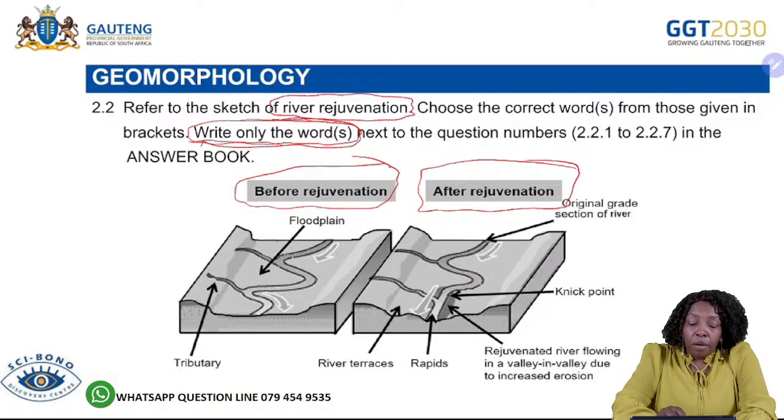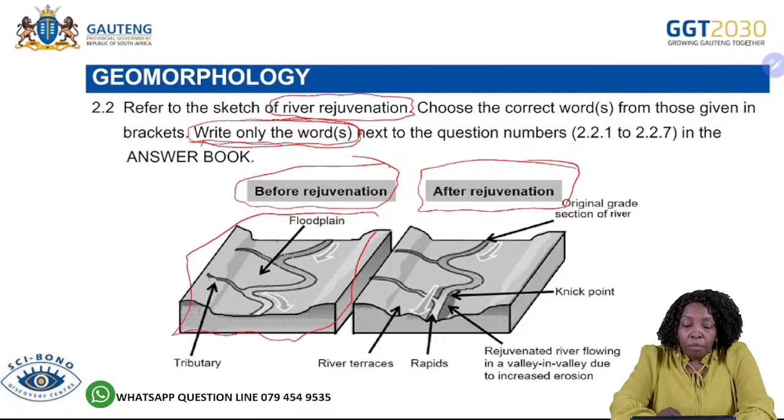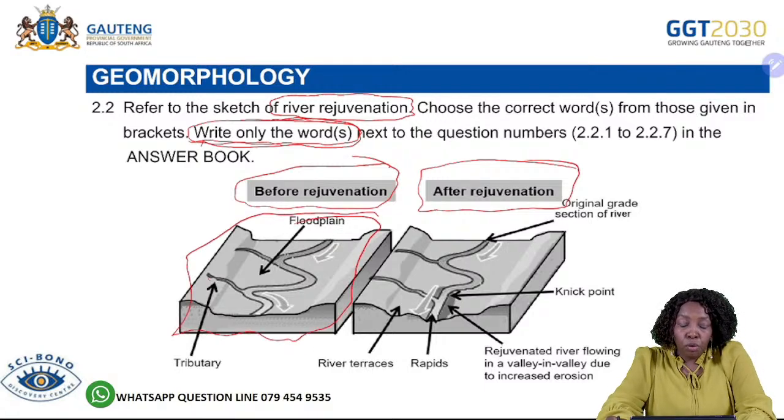And then we've got the identification of landforms such as the floodplain there, and then the tributary, as you can see there, and then also, so this would be before rejuvenation. So the river looks like this, and these are the only features that you can see.